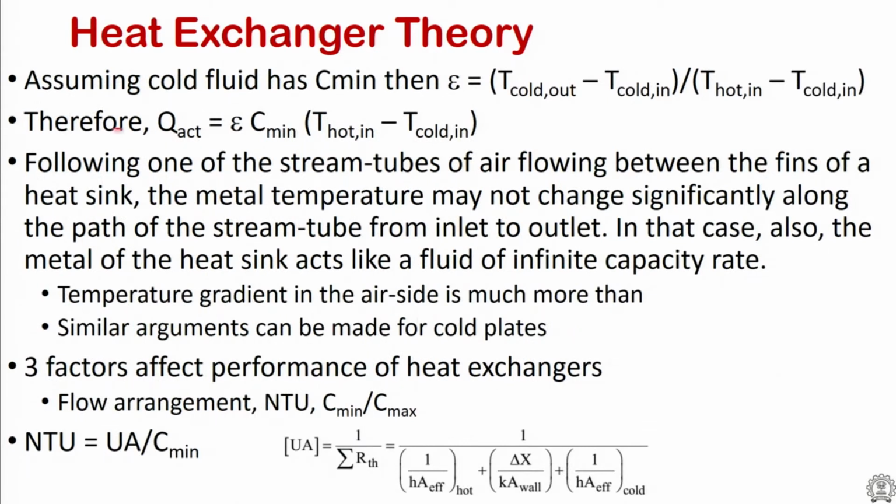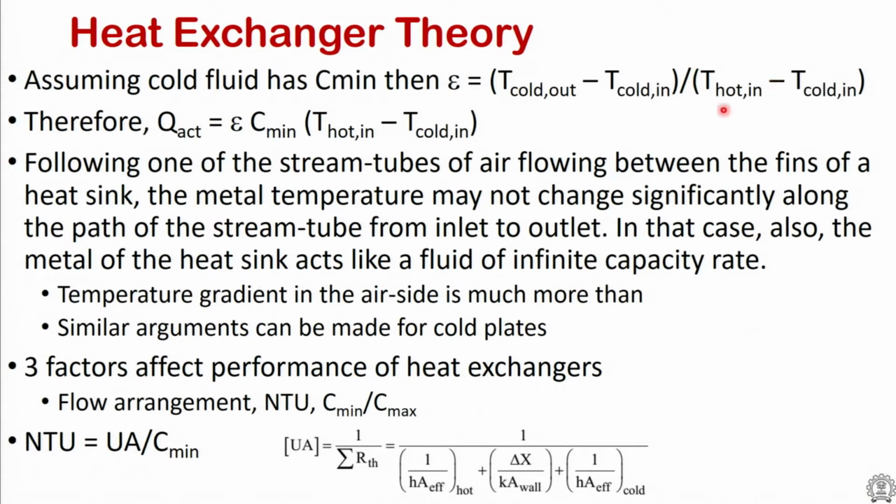Then we can write the effectiveness of this heat sink. If we write it with the numerator based on the air side, which is T cold out minus T cold in divided by the C min, and the denominator is also the air side caloric conductance, so they get cancelled out. So you have the denominator as T hot in minus T cold in.